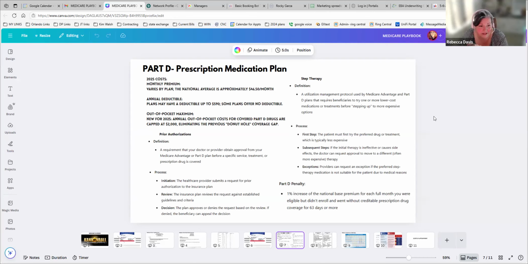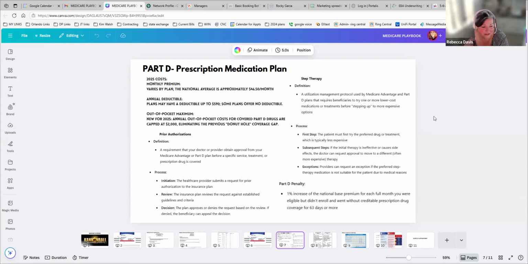Step therapy. So in some situations, the carrier is going to request that they try a different medication, usually less expensive, before they'll approve this other medication if they've never been on it before, to see if that works first. And you can also get around that. Maybe you're allergic, or maybe you've had that medication and it doesn't work. So you just have to get the doctor involved to explain that to the carrier.